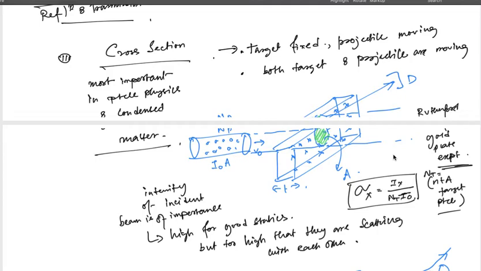He showed that most of the particles will not even notice anything. If you're throwing a ping pong ball towards a gold plate, it will always reflect or deviate, or something will happen. It is unlikely that it will pass through. But when you are throwing a small particle, let's say an alpha particle, it is very small, so it can pass through the empty spaces between the atoms without seeing anything, and that helped him to conclude that most of the space inside an atom is empty.